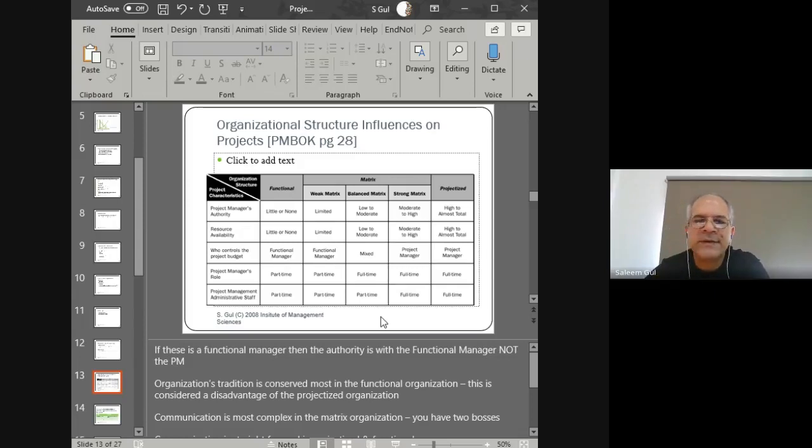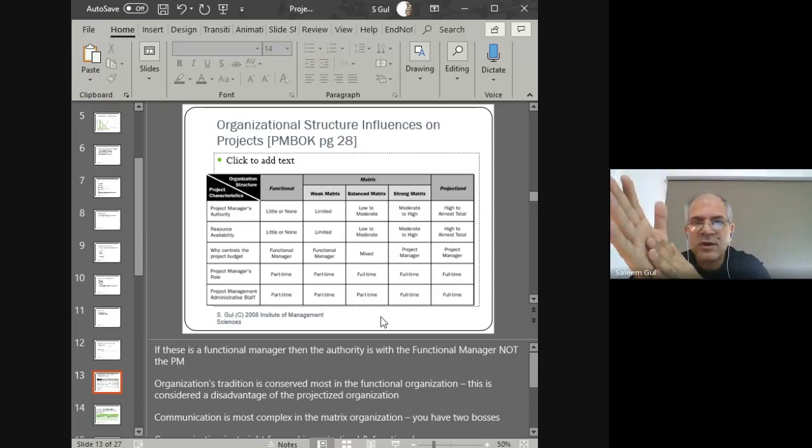So the second type of organizational structure of concern is the matrix, and if I say matrix, I'm normally considering the balanced matrix unless I speak about the strong or the weak matrix. Now, the strong matrix column is again the same way as the weak matrix, right? The weak matrix is this idea when founders or project managers were trying to attempt to create this matrix hierarchy. So that weak matrix thought originated there.